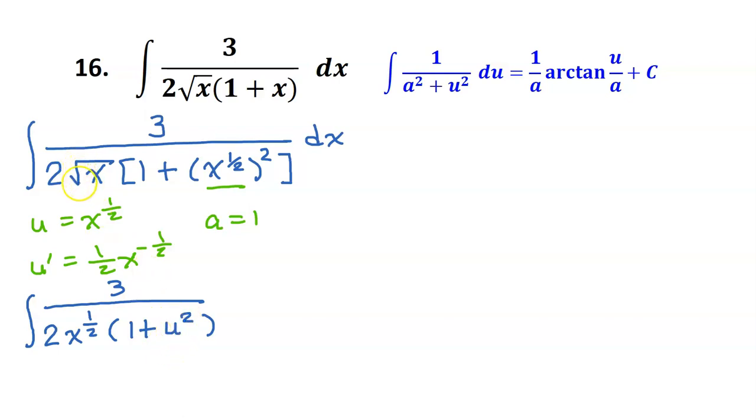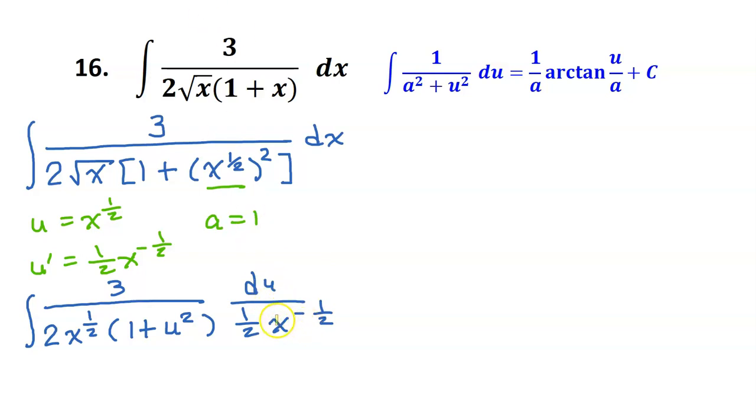I also rewrote the square root of x as x to the 1/2 power to make it more obvious what's about to happen next. Instead of dx, I will write du divided by u prime, which is 1/2 x to the negative 1/2 power. So here we go, 1/2 x to the negative 1/2 power.